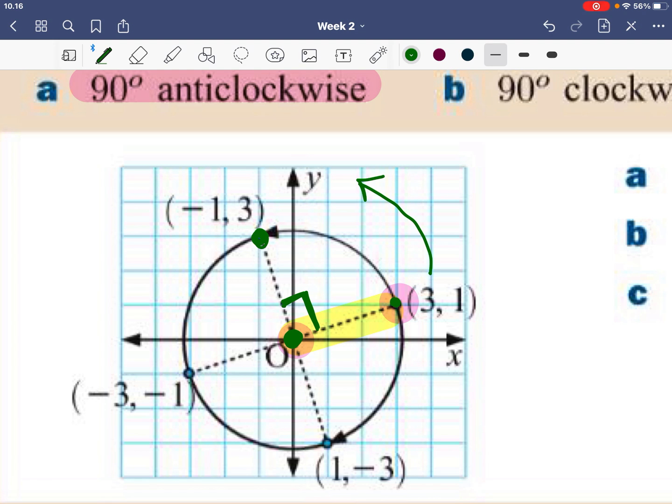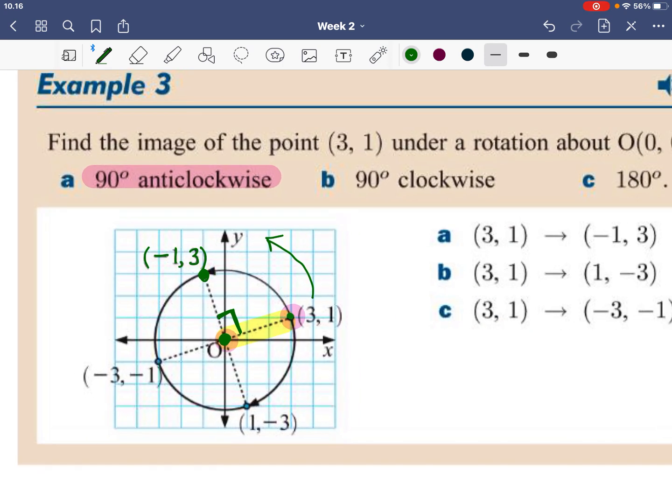Anyways, once you get your 90 degrees, you will end up at (-1, 3). This is your image. Alright, so now, let me erase all of this. How about we rotate it clockwise 90 degrees.